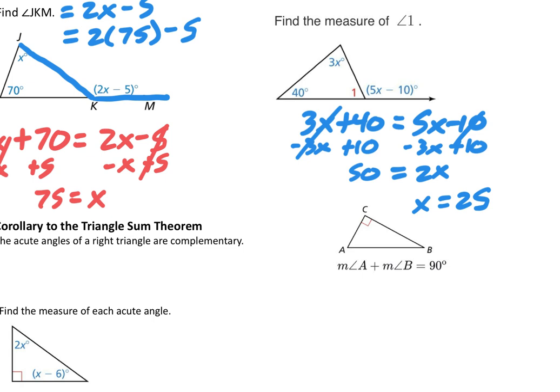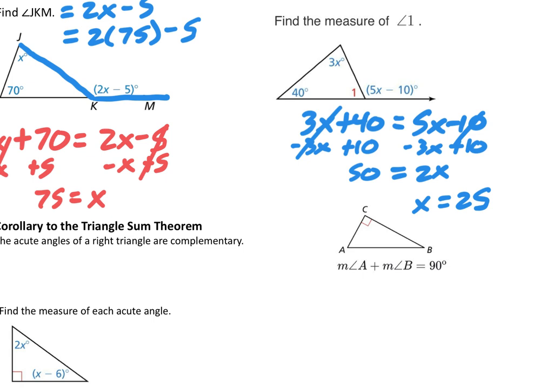All right, so once again, it does not say find x. We have to find what the measure of angle 1 is. Angle 1 does not have an expression, so I have to find another angle that I can use to help me find angle 1. What would be maybe the best option here? What do you guys think? Do it up here.